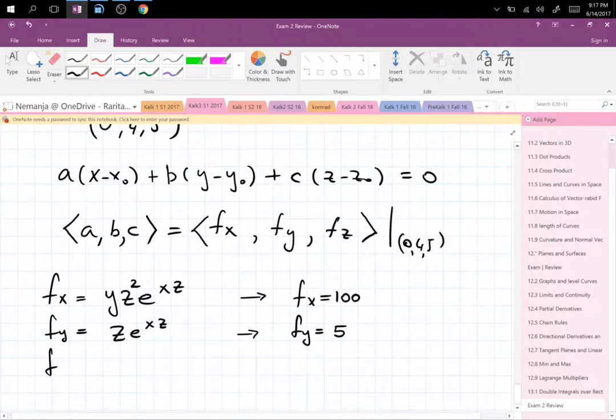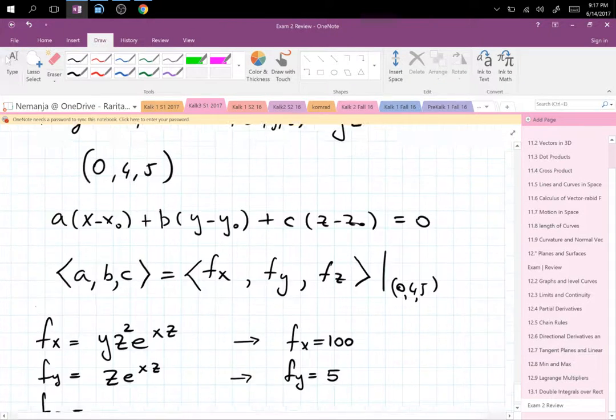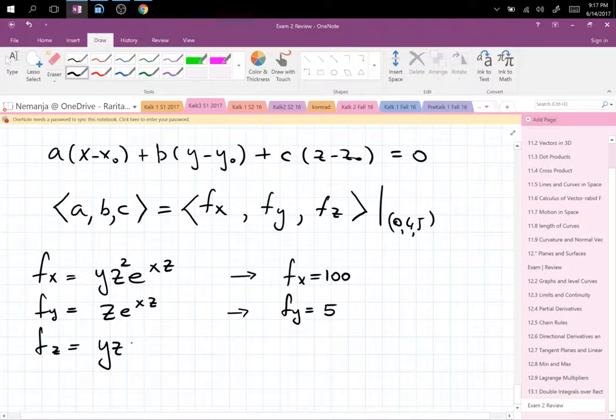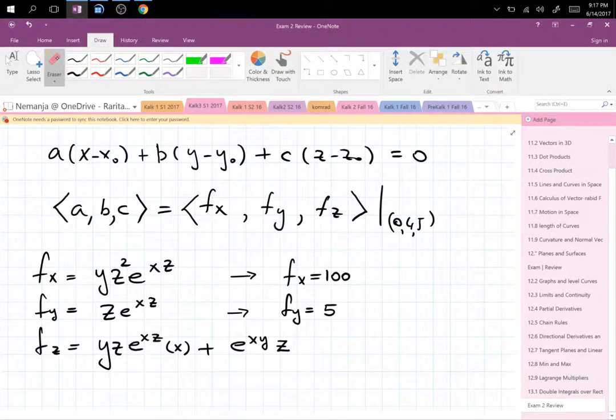And finally, fz is the product rule, right? Because we have yz times e to the xz. So copy the first one, yz, times the derivative of the second, which will give us x as a chain, plus copy the second, times the derivative of the first, which in terms of z is y.